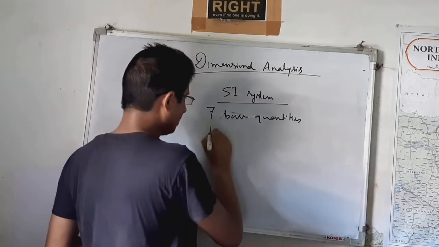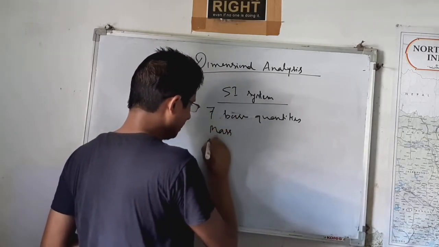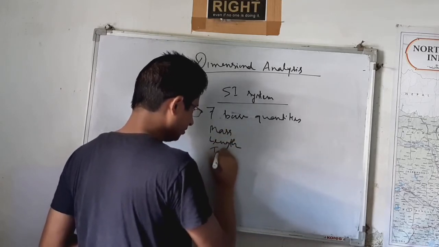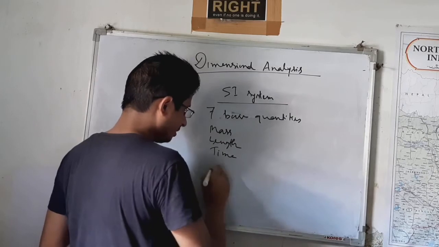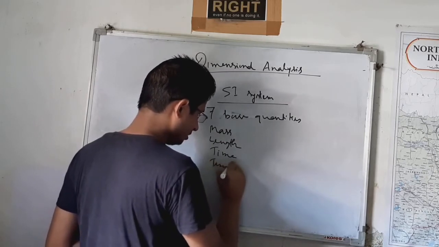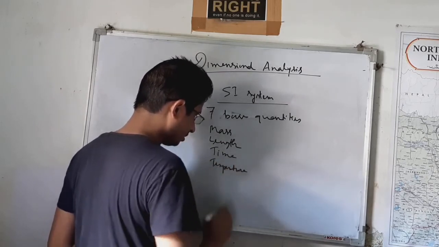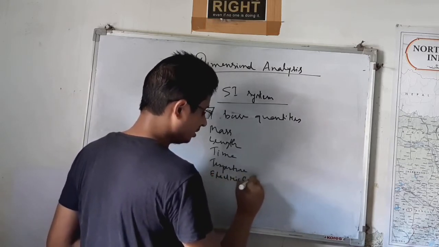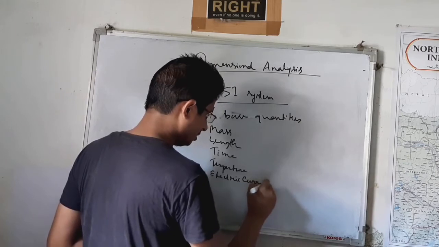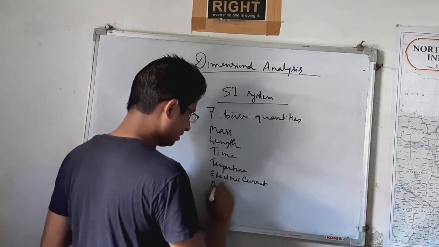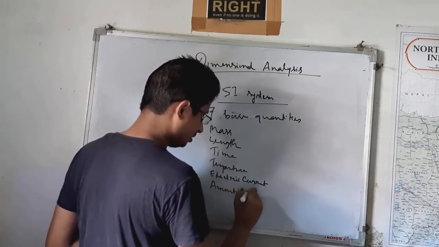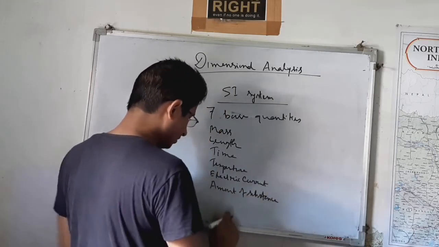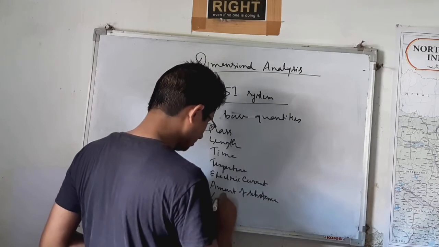These are mass, length, time, temperature, electric current, amount of substance, and luminous intensity.